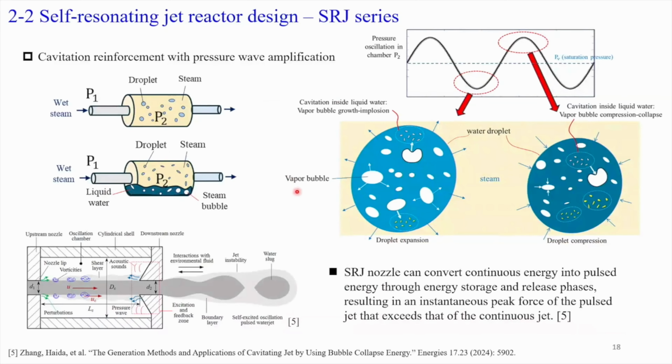The concept shown in this page is to tell that with the assistance of amplified pressure wave in our reactors, we are expecting to enhance the cavitation intensity, but also the number of cavitation events, with the aid of strong pressure oscillation, whether in bulk liquid or scattered droplets inside our reactor.